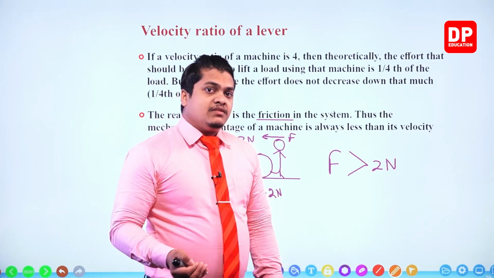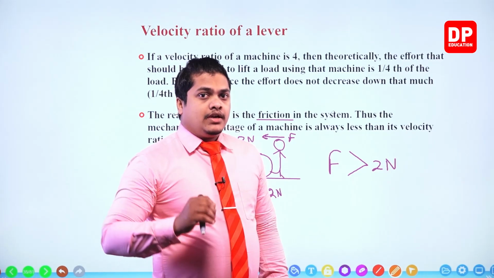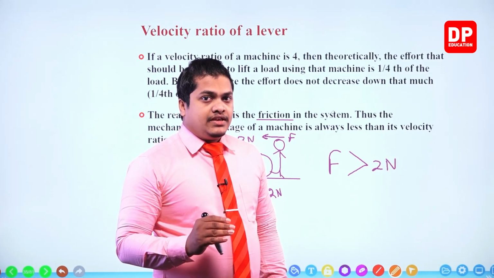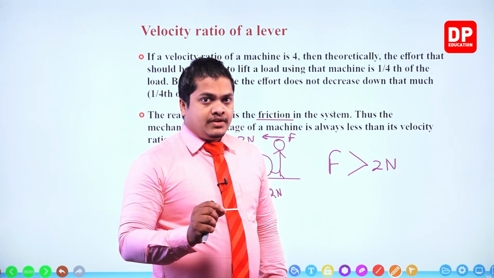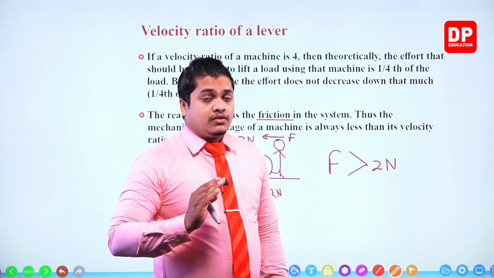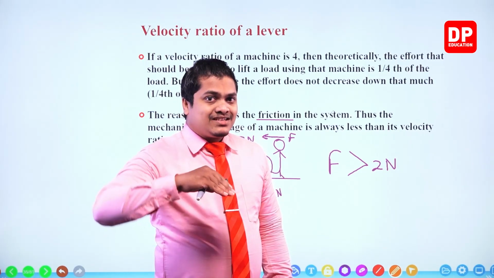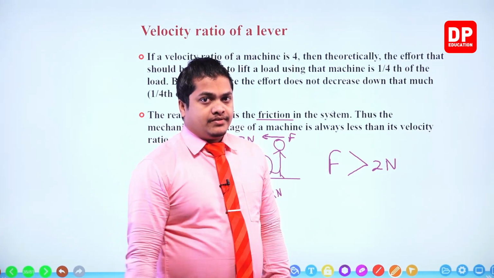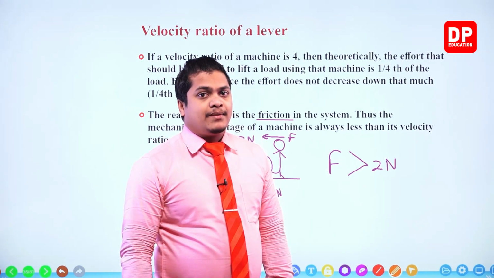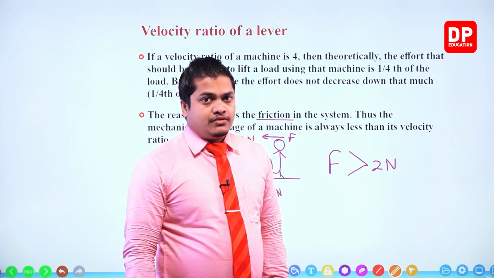So within a lever, my dear children, like I said, what will happen during the motion of the lever through the fulcrum, from the pivoted part? There is a relative motion which is going to happen. That means a certain kind of frictional force can be observed over there.